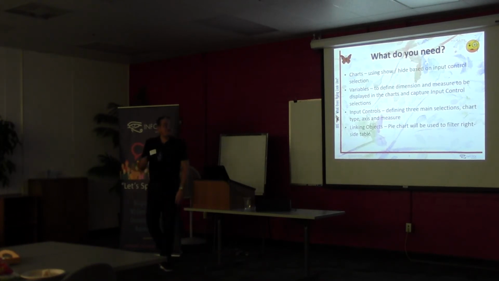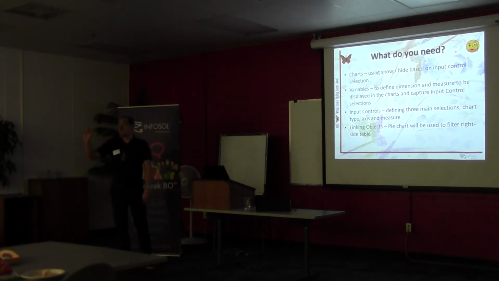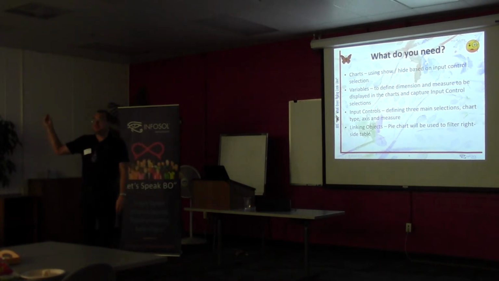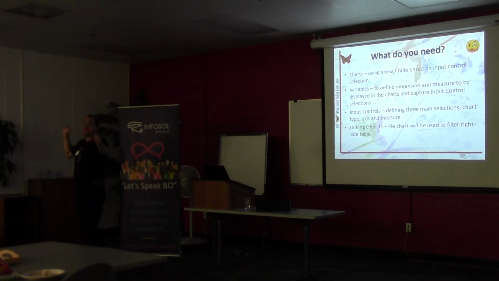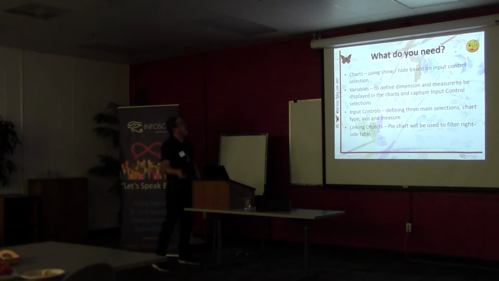Then for our charts, we will also be using the show and hide capability. If I'm selecting line, I will be displaying that chart only, and I will be hiding the bar, and I will be hiding the tag cloud, etc. We will be doing that in the show and hide for our charts.